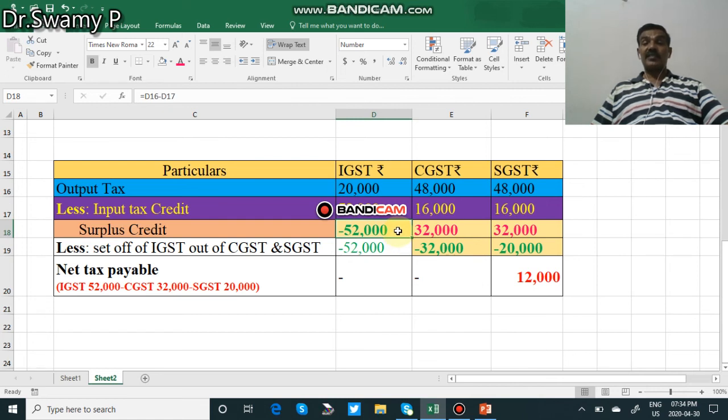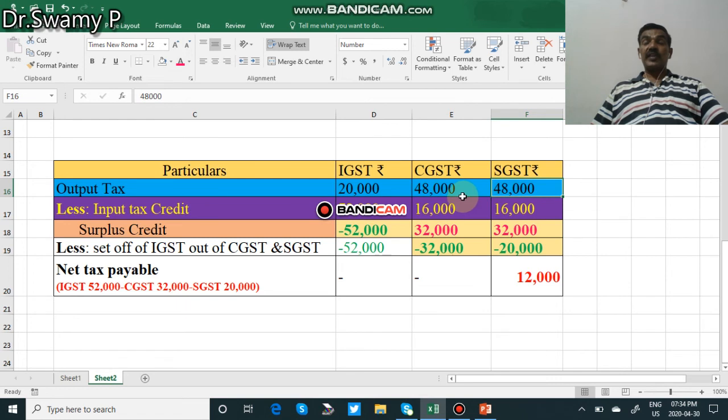This is the surplus. Minus 52,000 means this is the surplus amount of input tax. She has collected 20,000 rupees, but she has paid 72,000 rupees, so her electronic credit ledger shows 52,000 rupees input tax eligibility.